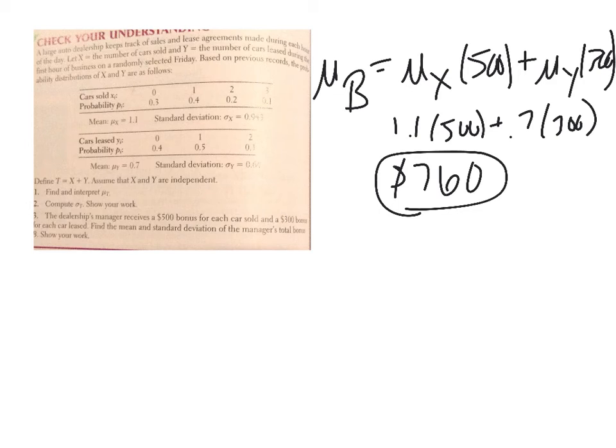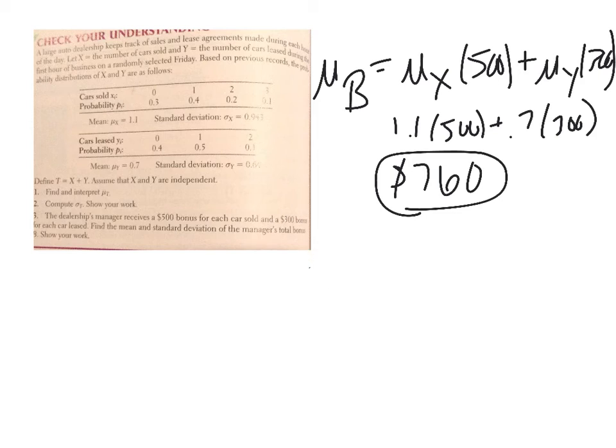If I'm looking for the standard deviation of B, I need to calculate the variance. But remember, when I multiply a variable by a constant, I have to square that constant in the variance. So let's come over here where I have more room to write.